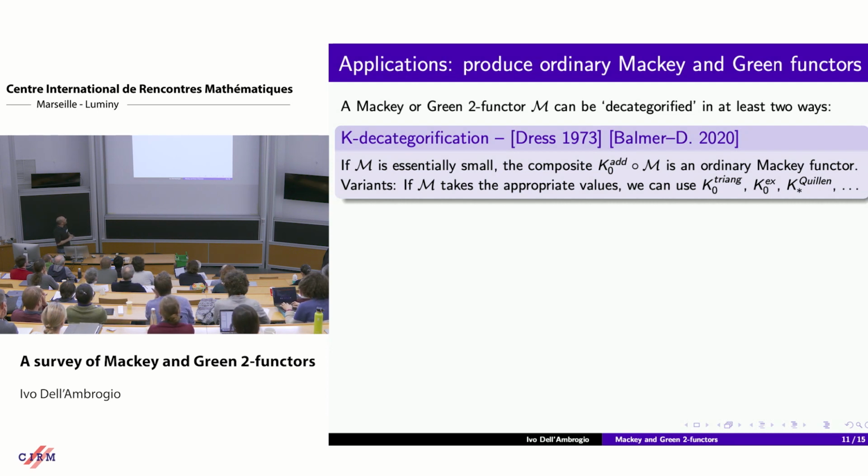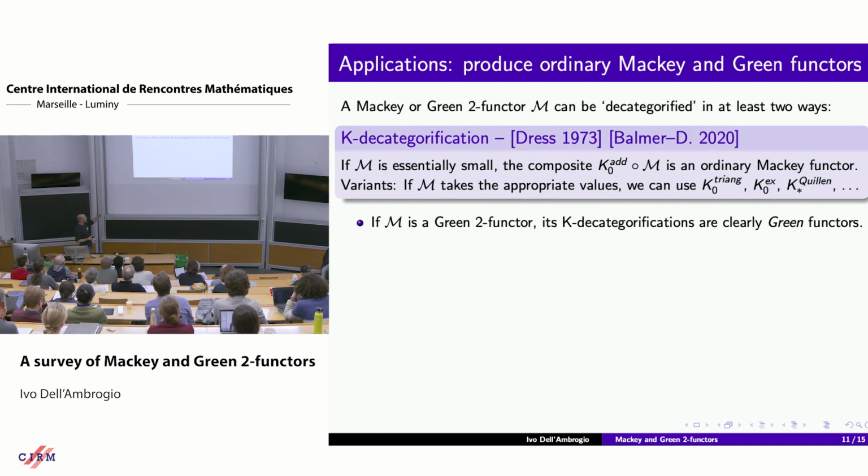Now, another observation, if you have a Green 2-functor, then all its K decategorifications in this sense clearly are Green functors in the usual sense. If only because the previous down-to-earth picture I gave you really looks like, if you forget the isomorphisms, they become equalities, looks like an ordinary Green functor. And the projection formula is one of the axioms for a Green functor, the main one, and that's it.